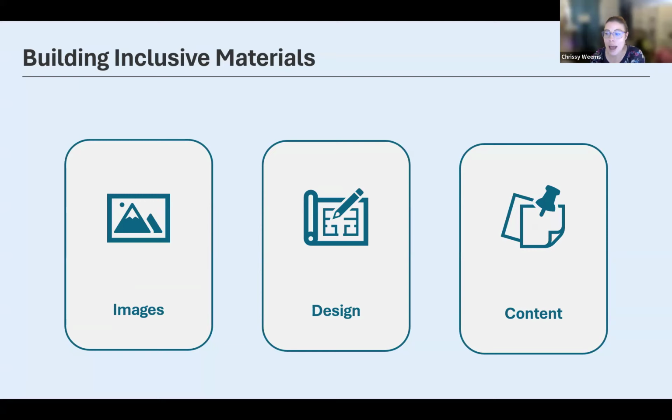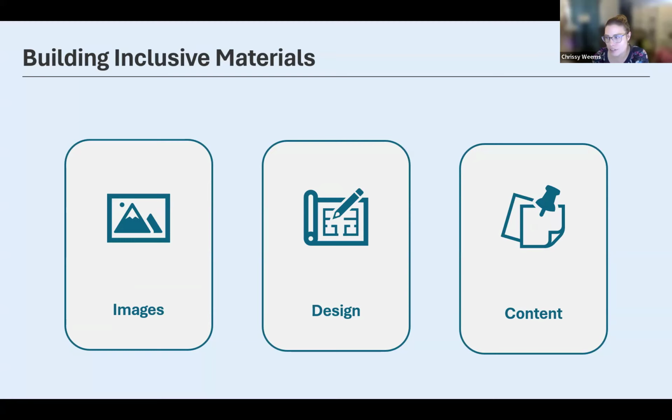So the power of inclusive materials is really important because it helps us to imagine this world where information is freely accessible and everybody can access it regardless of their abilities, right? And so today we're going to dive into some of the principles that make that possible.